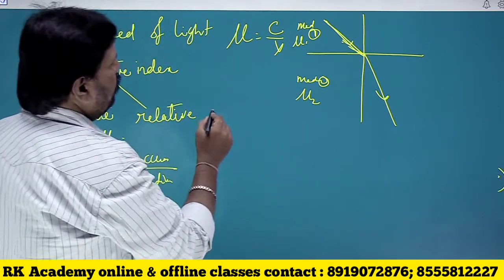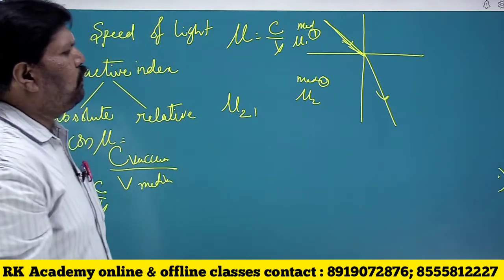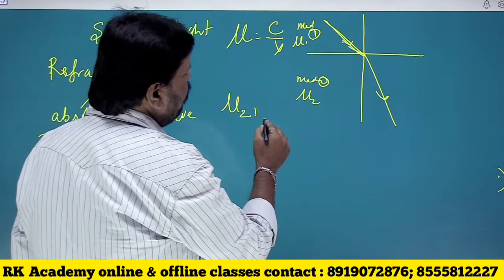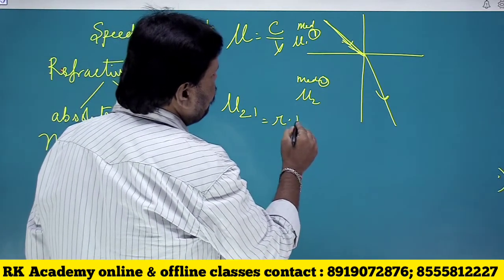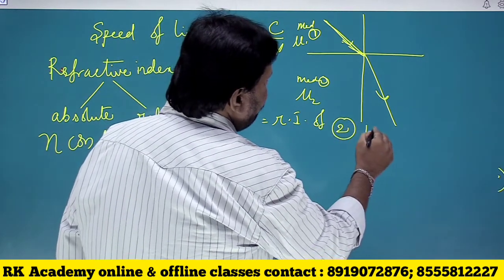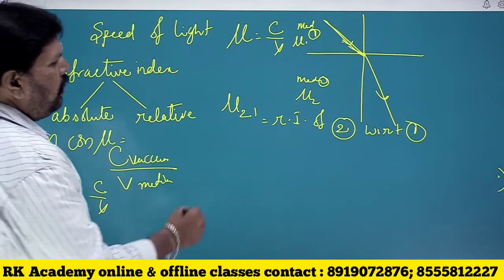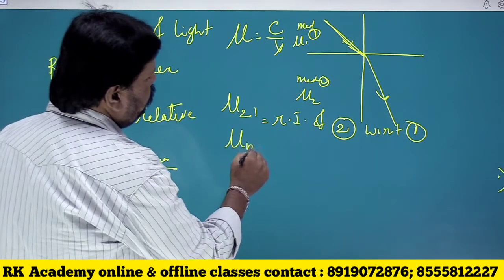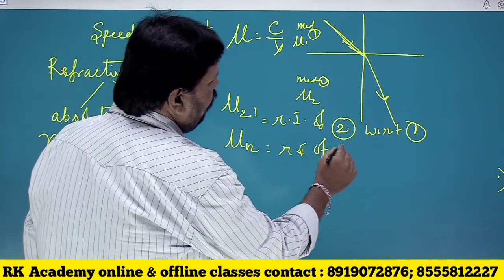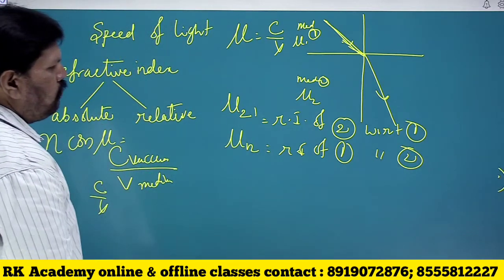Now, the refractive index of the second medium with respect to the first medium. If I have written mu 21, it is nothing but the refractive index of the second medium with respect to the first medium. If I have written mu 12, you can understand that it is the refractive index of the first medium with respect to the second medium.